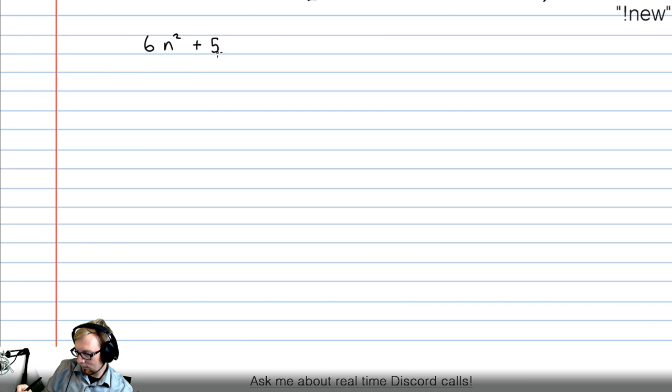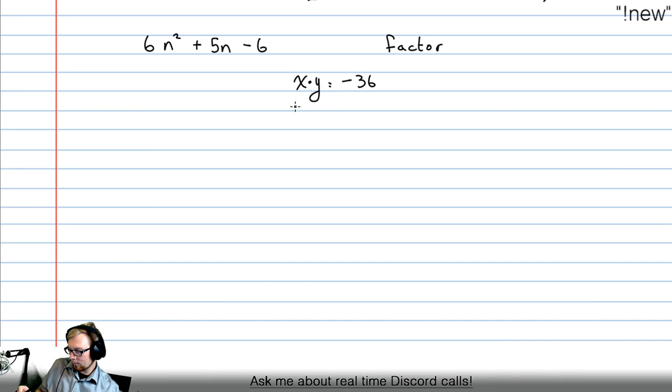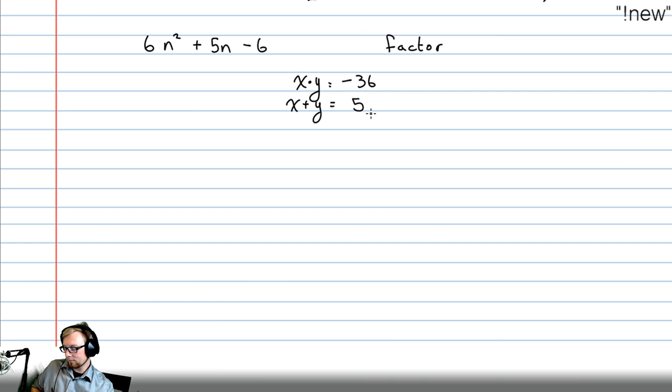Okay, you have 6n squared plus 5n. Can't take anything out. Oh, minus. Can't take anything out, so you multiply a times c, negative 36. And then they have to add to 5. Okay. Let's see.